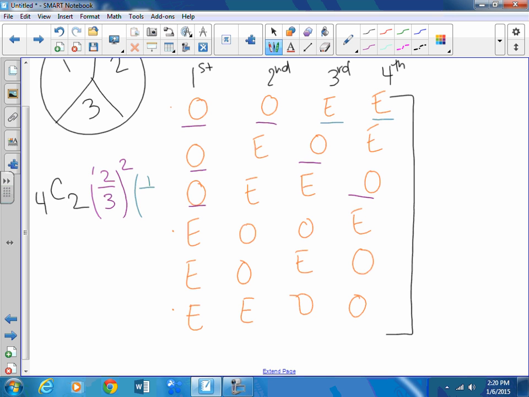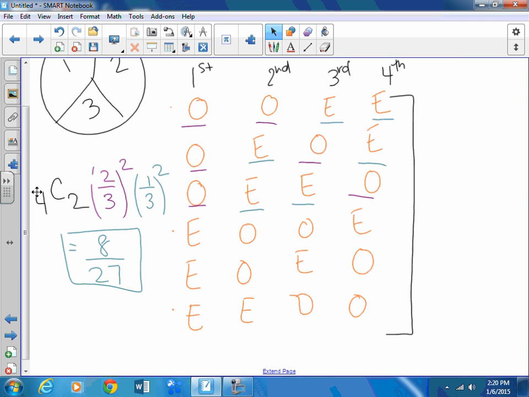The probability of an even is 1/3, and that also always happened twice in each of these. So we can do 4 choose 2 times 2/3 squared times 1/3 squared, and if you punch that in your calculator, you're going to get 8 over 27. So that is the probability of getting exactly 2 odds given 4 spins.